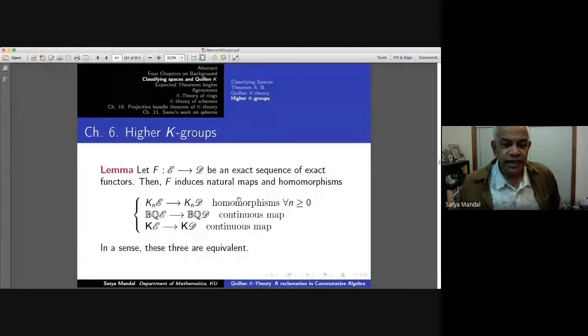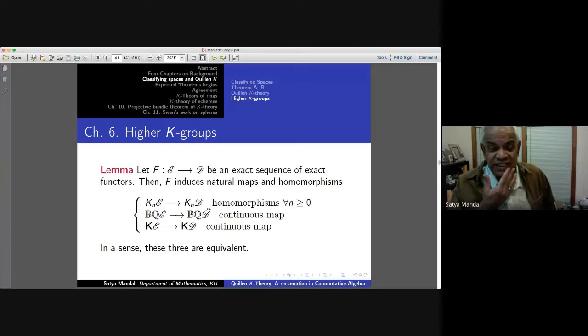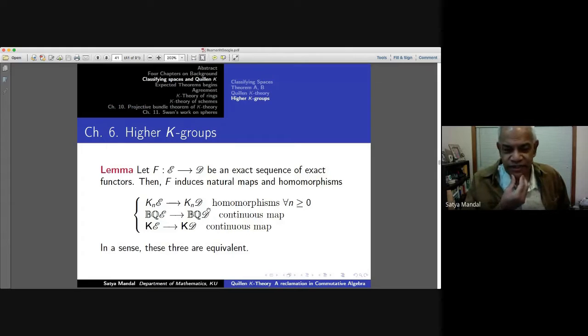Then it induces a natural map from KnE to KnD for all n. I mean, I wrote 3 lines. These are more or less equivalent statements. So, I mean, I think the second line is easier to see.